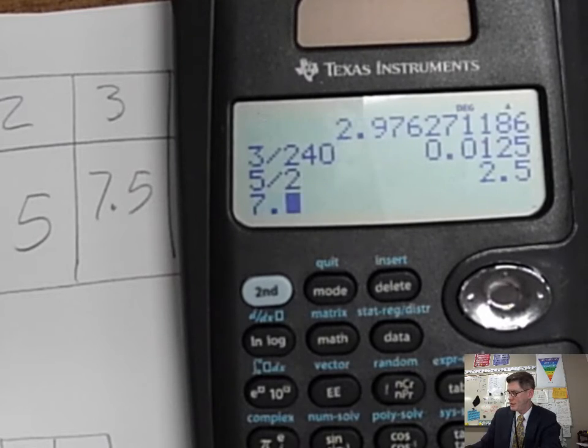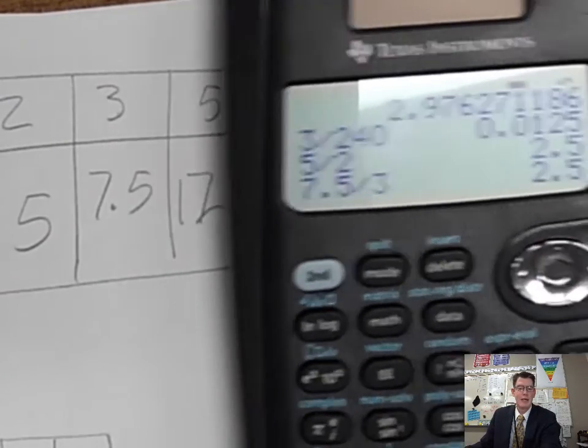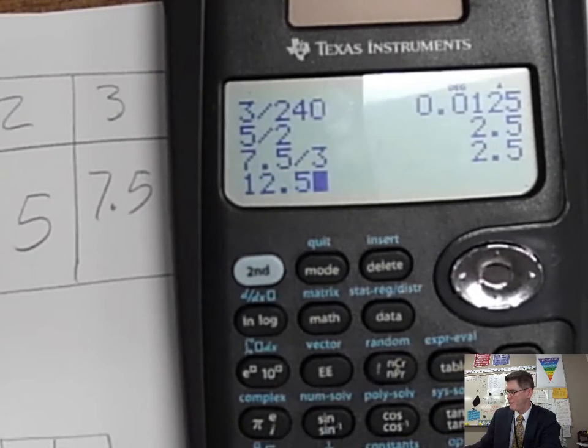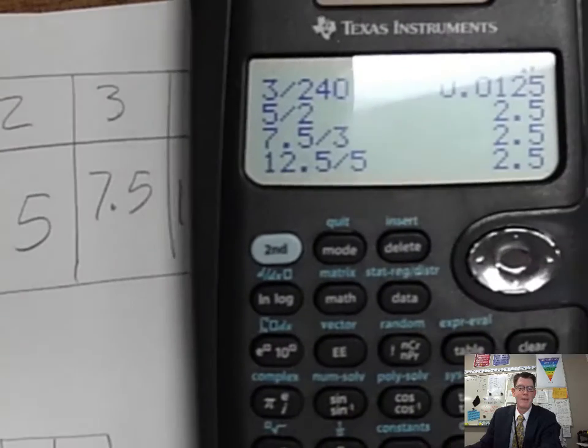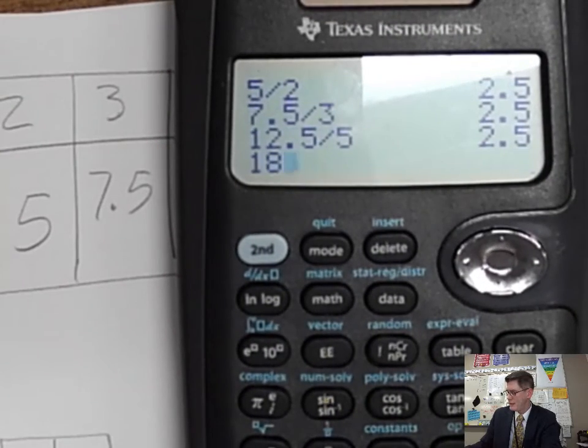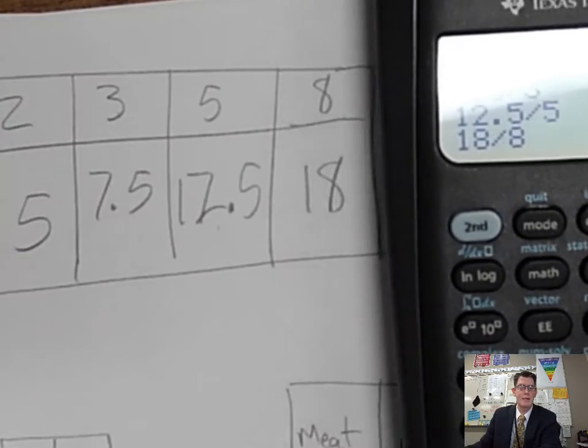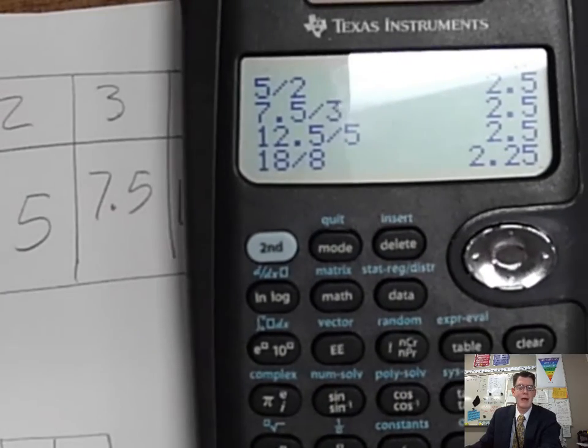And then 7.5 divided by 3, I get a number. And then 12.5 divided by 5, do I get the same number? And finally, 18 divided by 8, you want to check them all. Whoa, what's that? 18 divided by 8, I didn't get the same number.